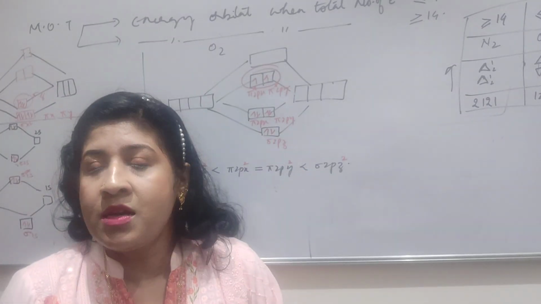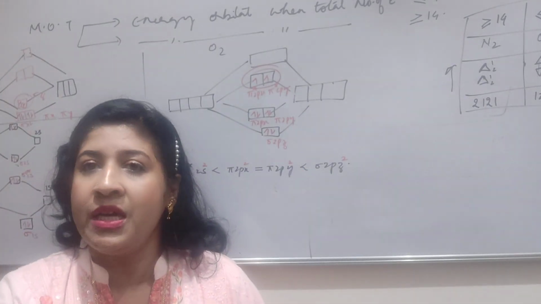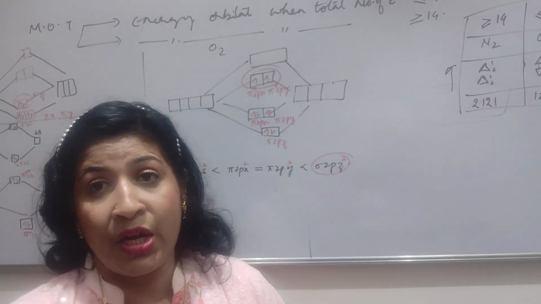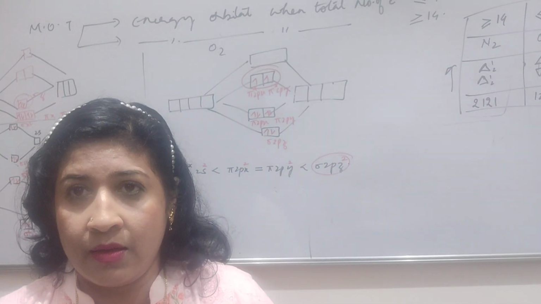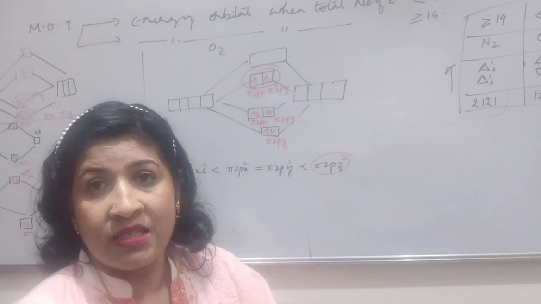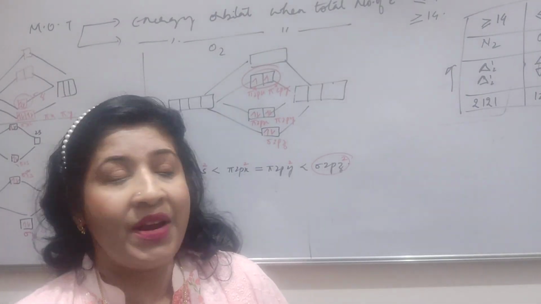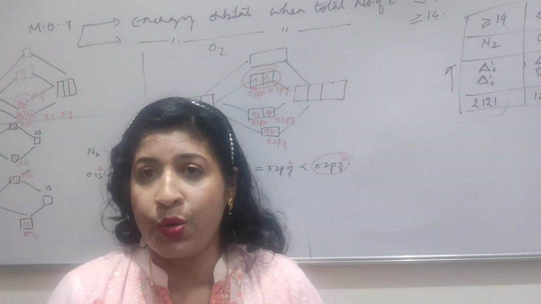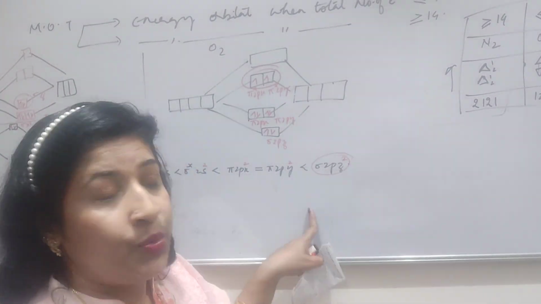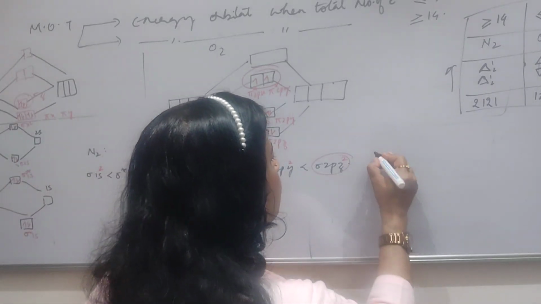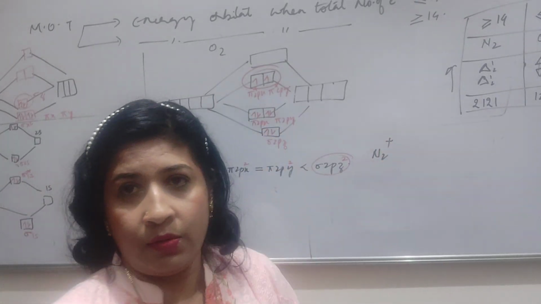So where is the last electron entering in the nitrogen molecule? Then you should say it is entering into the sigma 2pz. If they are going to ask, they will twist, they won't ask this kind of direct question. They will ask you where the new electron will enter in the N2 plus molecule.